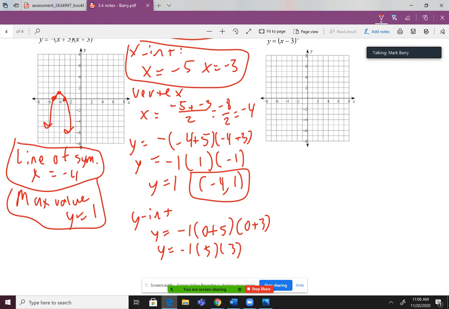So -1 times 5 is -5. And then -5 times 3 is -15. We can't really see this one hitting the y-axis, but you can kind of imagine that if it continued down, it would probably hit it at about y equals -15.